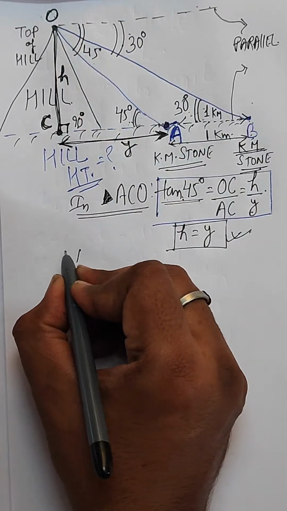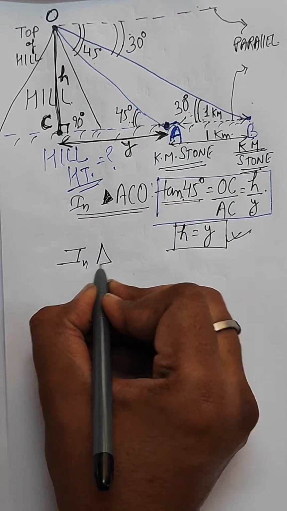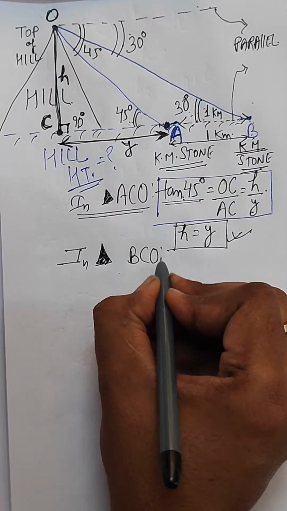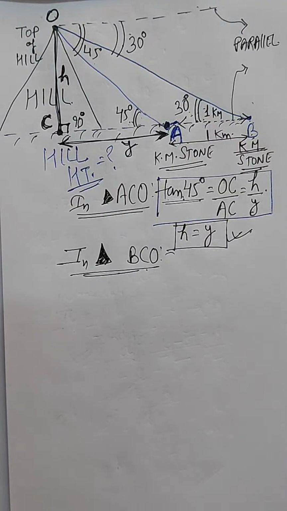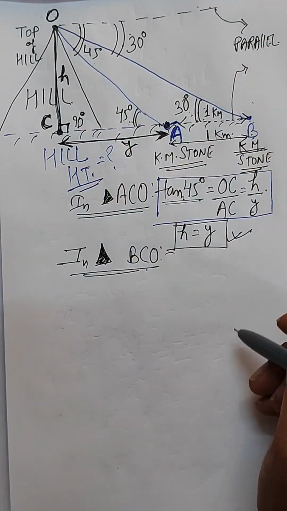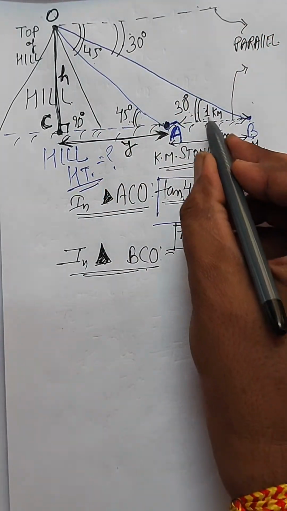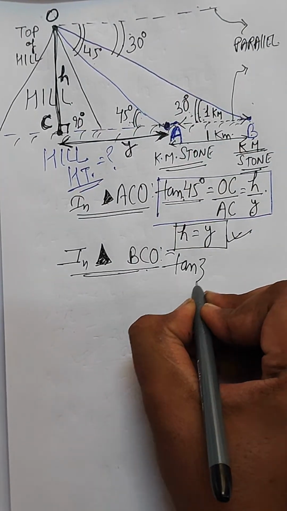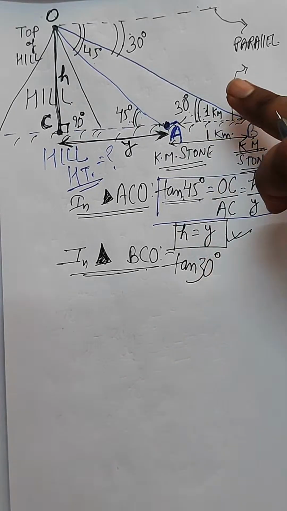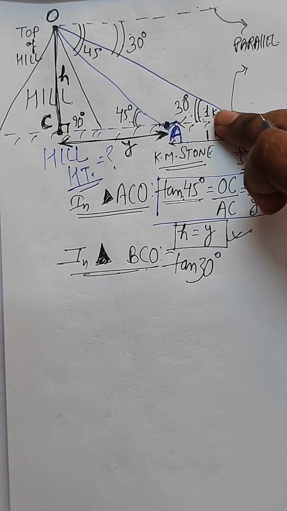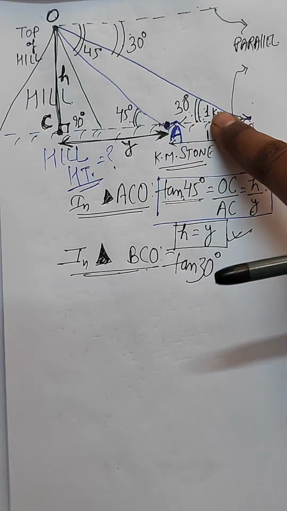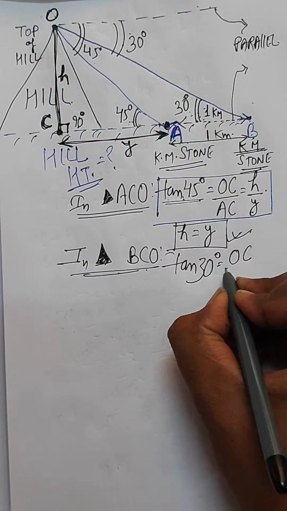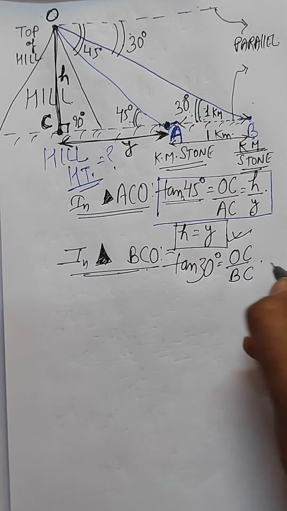So you can see in triangle BCO, again take tan 30 degree, because here the elevation angle is 30 degree, which was actual depression. So tan 30 degree is OC by BC, right?